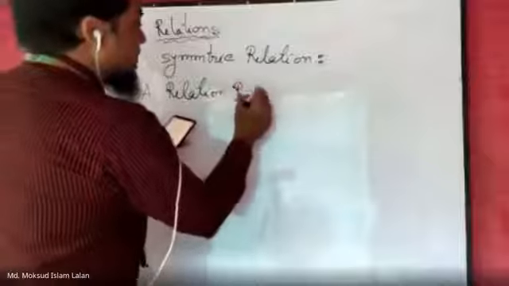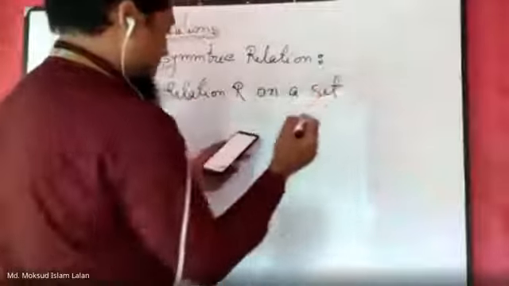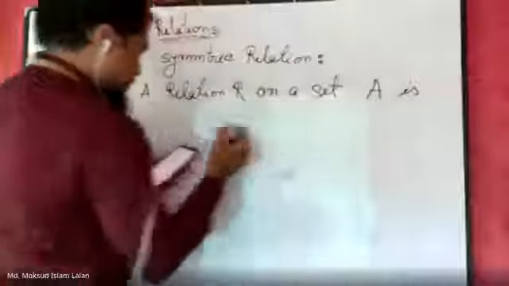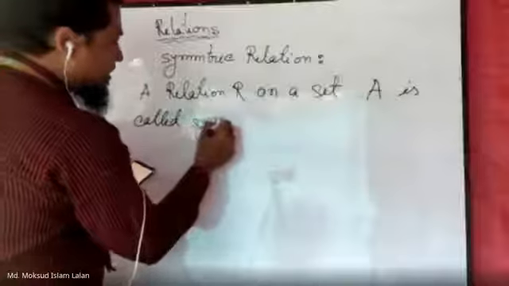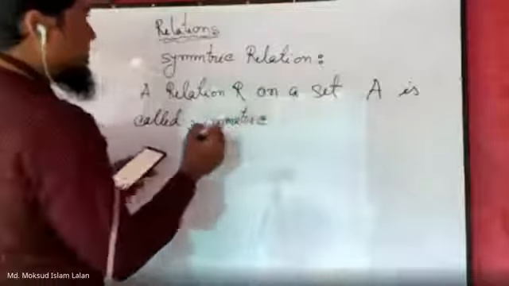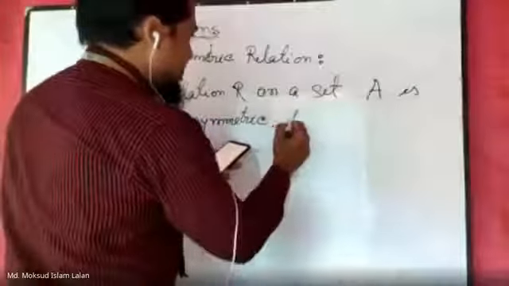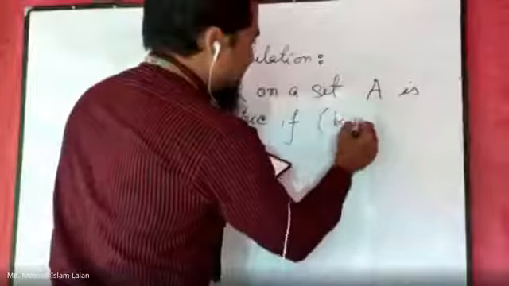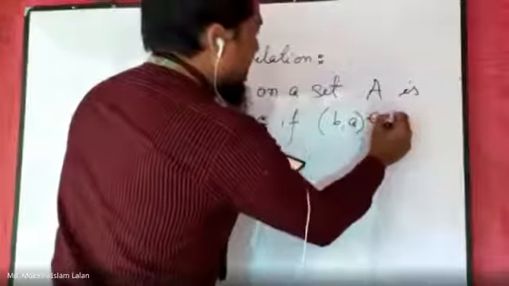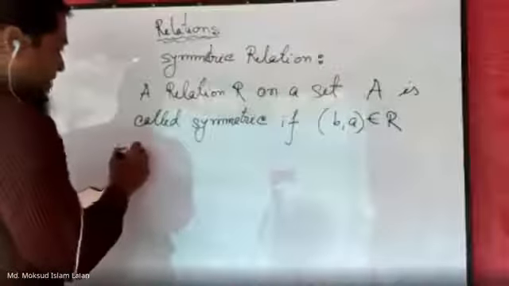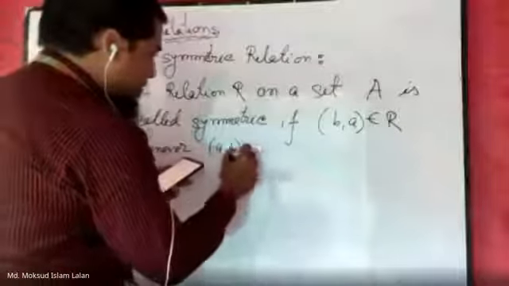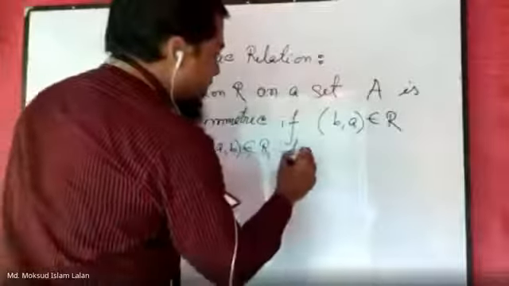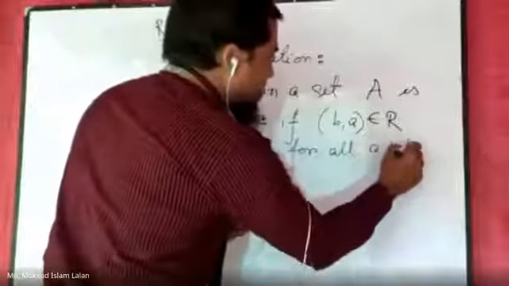A relation R on a set A is called symmetric, sorry, I forgot the spelling, symmetric, if (b,a) belongs in R whenever (a,b) belongs in R, for all a, b in A.